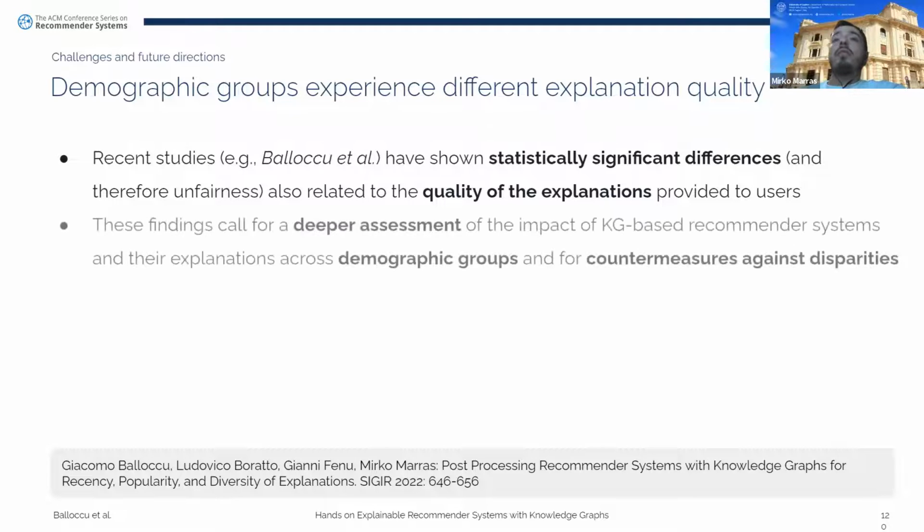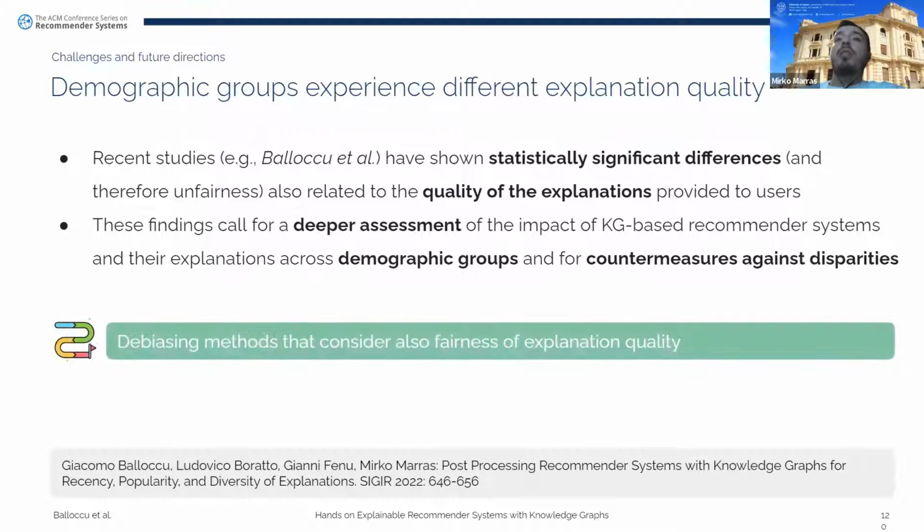These findings call for a deeper assessment of the impact of knowledge-based recommender systems and their explanations across demographic groups, and also call for countermeasures against the disparities. Another interesting research direction, therefore, considers debiasing methods tackling fairness of explanation quality, going beyond the fairness related only to the recommendation utility.